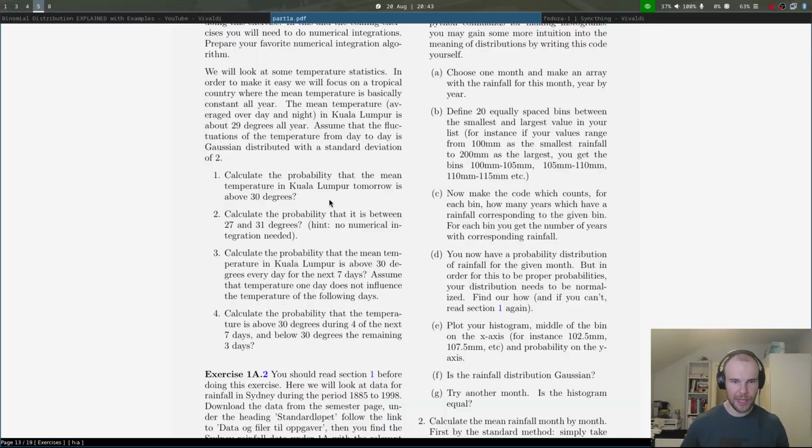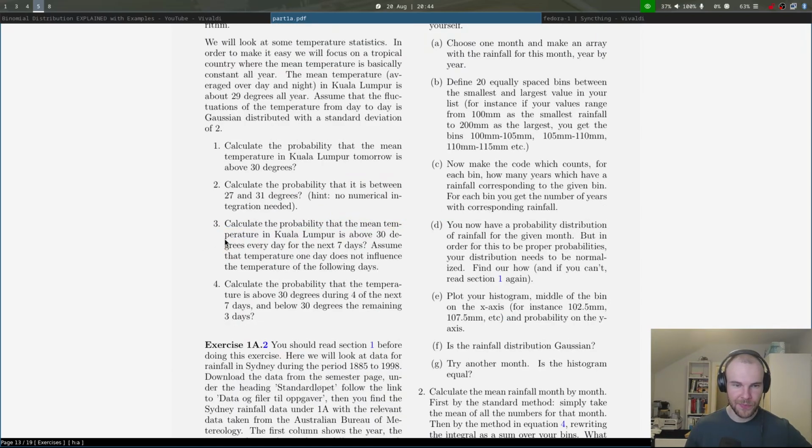You can go back. Then calculate the probability between 27 and 31. That's of course just one standard deviation on each side. So between one standard deviation, what is that, 67% or 68%? I don't remember, that's not important. There's a hint there. Calculate the probability that the mean temperature in Kuala Lumpur is above 30 degrees for the next 7 days.